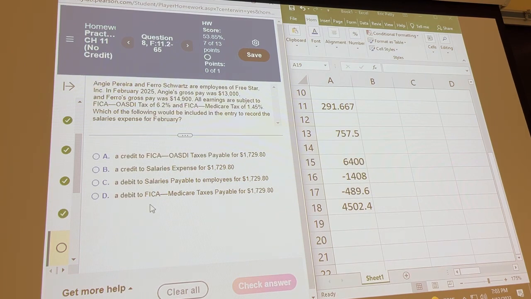So neither one of these debits is going to be correct since they're not to salaries expense. And furthermore, you don't credit salaries expense, you debit it, so that one's not right. So the only answer that could be correct would be to credit FICA OASDI, so we don't even have to figure out the dollar amount.